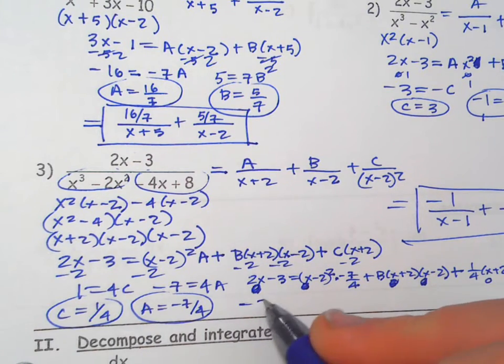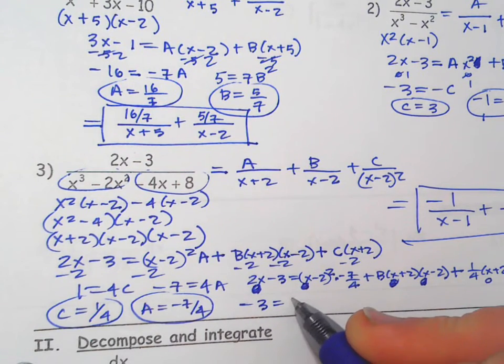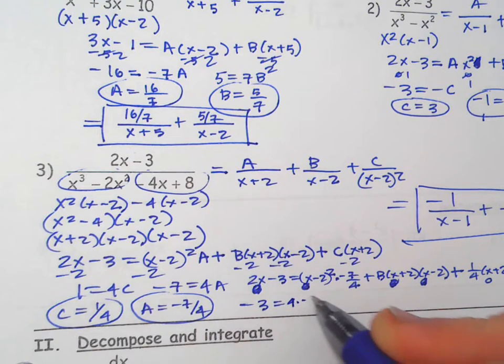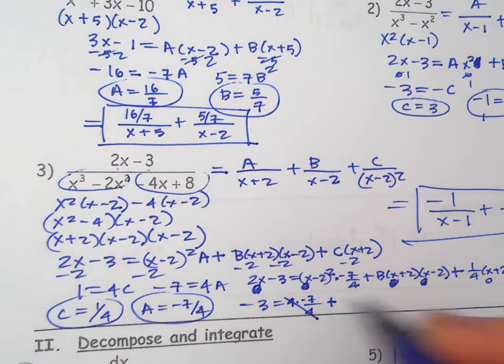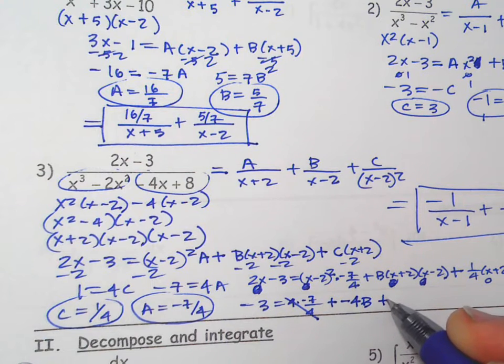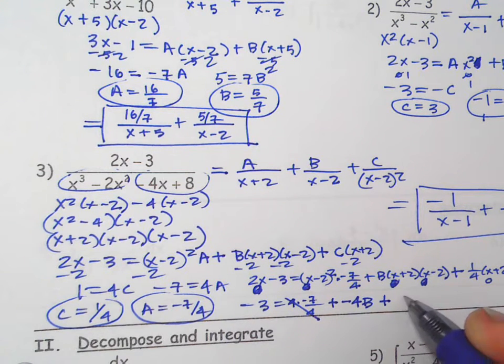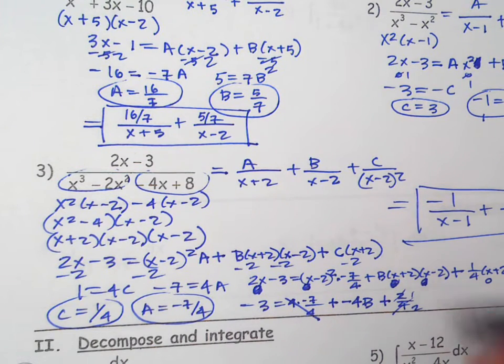So you get negative 3 equals negative 2 squared is 4 times negative 7/4, right? Plus negative 4B plus... shoot, that didn't work. Okay, whatever. You can plug anything in, but I was trying to make the fractions go away.